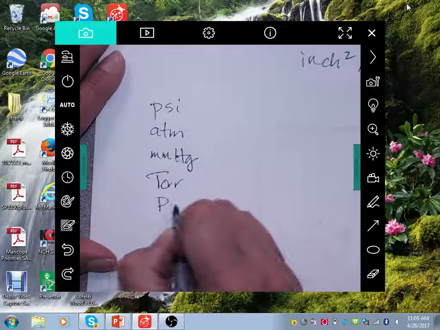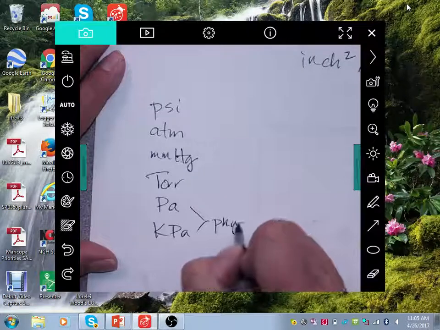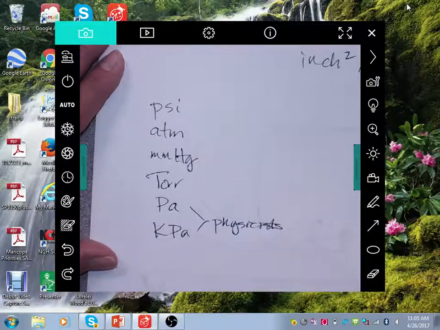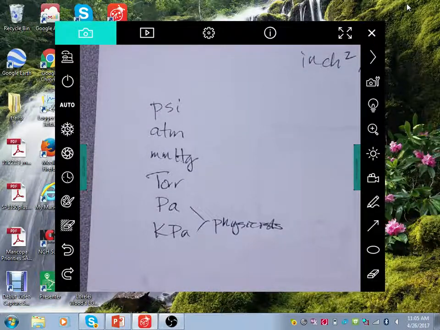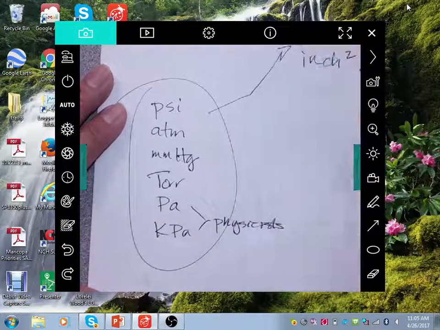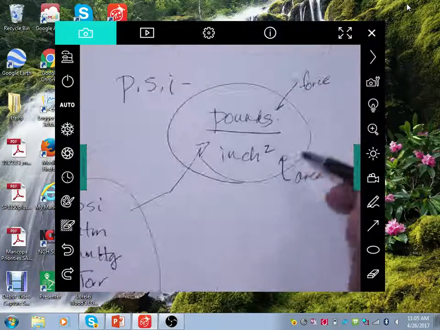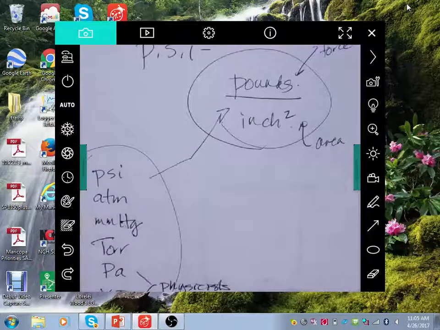There's pascals, there's kilopascals. The physicists usually like these because it takes into account more of this pure idea of force per unit of area. So there's lots and lots of different units that measure air pressure, but it's always this idea of some force divided by the area. You will have to make conversions between the different units.